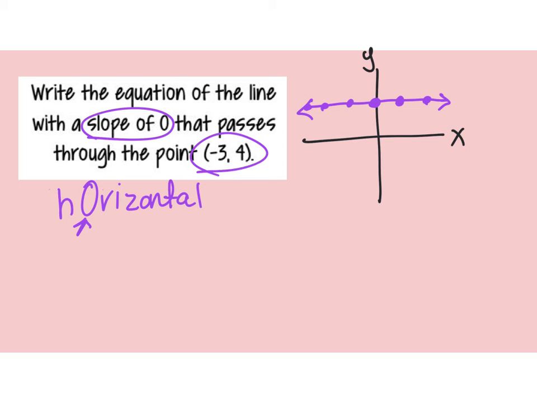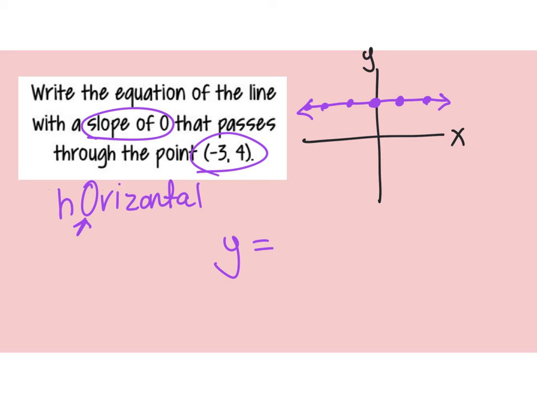What can you tell me about all of the points on that line? Either the x or the y is going to be the same the entire time. Which value is going to be the same, the x or the y? The y. So if I'm going to be writing an equation, it's going to be a y equals equation, correct? Because it touches the y-axis.